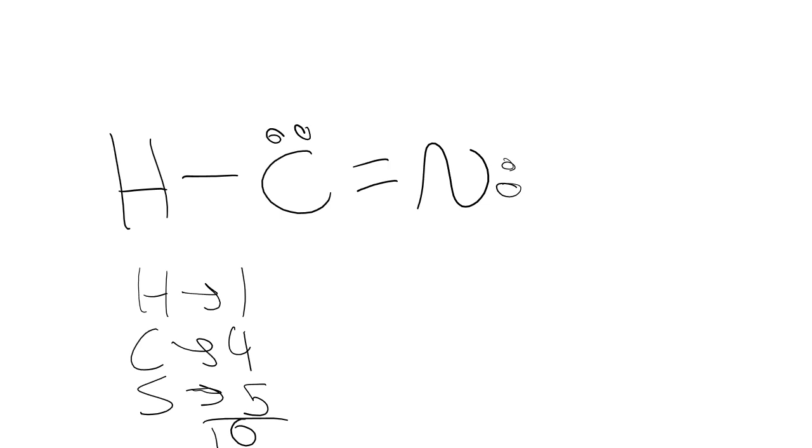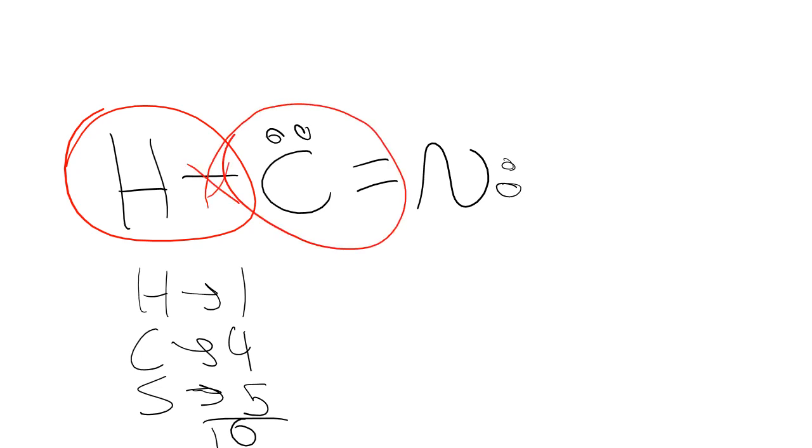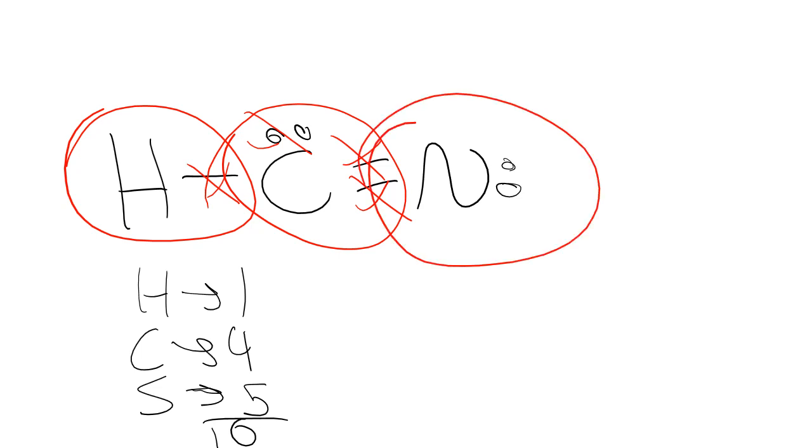However, let's see if it fulfills the octet and duet rule. Hydrogen's touching 2, so that's happy. Carbon is touching 2, 4, 6, 8, so that's happy. But nitrogen's only touching 6, so that one is sad.